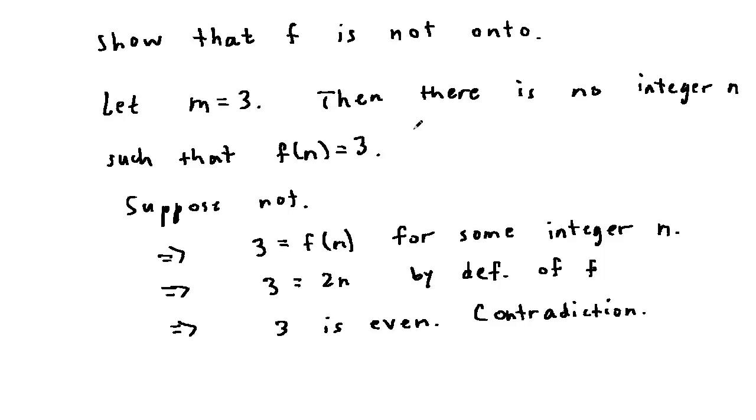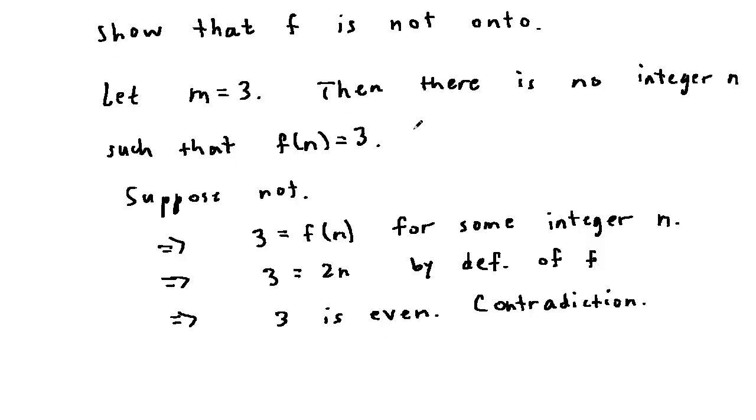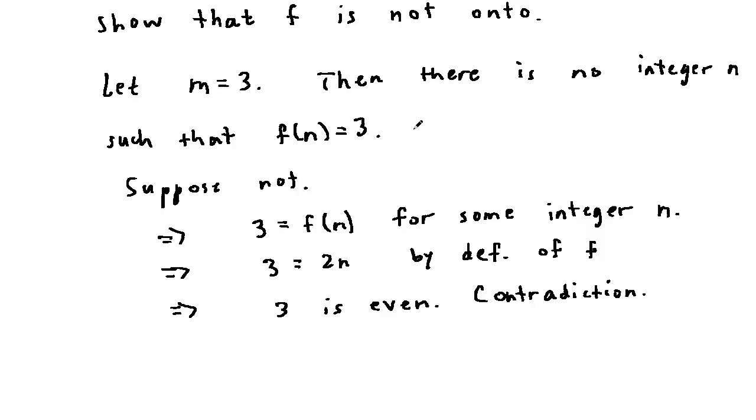Since we found an integer in the codomain that has nothing in the domain sent to it, f is not onto.